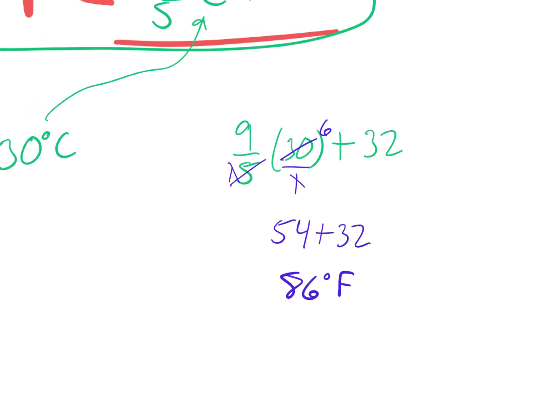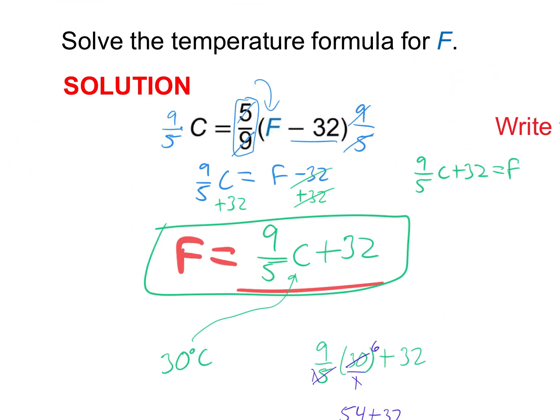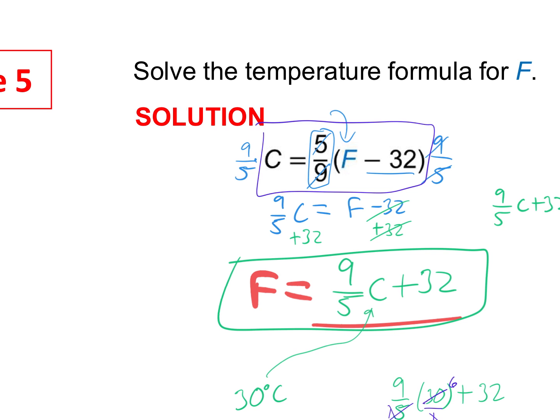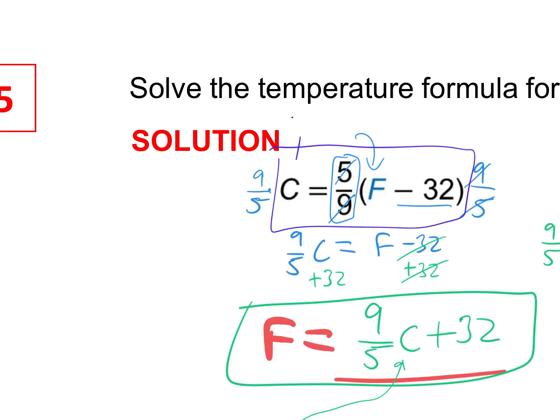Now, that's something that we're more familiar with. But if we're given this formula up here, we don't know what to do. Let's say we were given 30 equals 5 over 9 times F minus 32. You can't really do much with that unless you get everything to the other side.